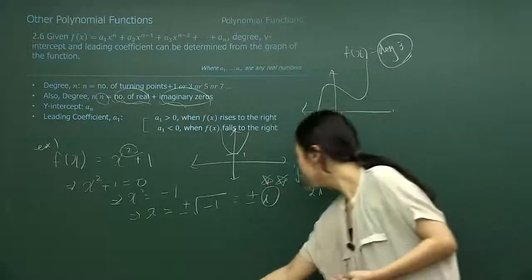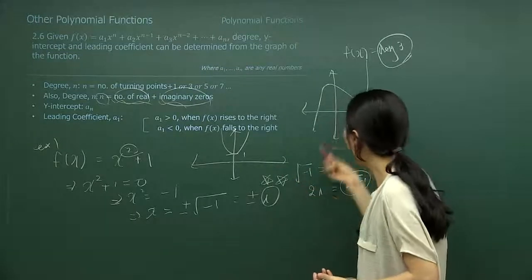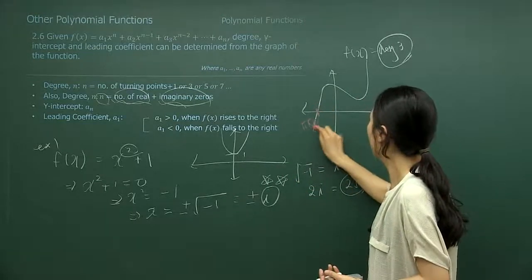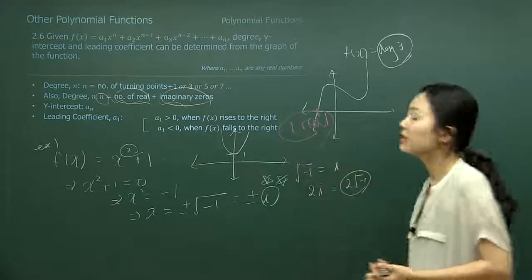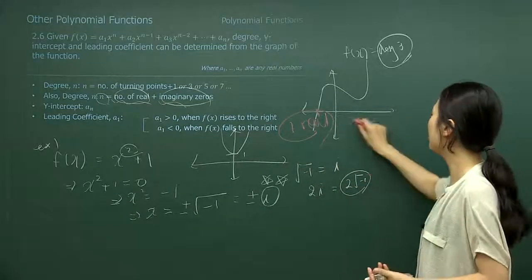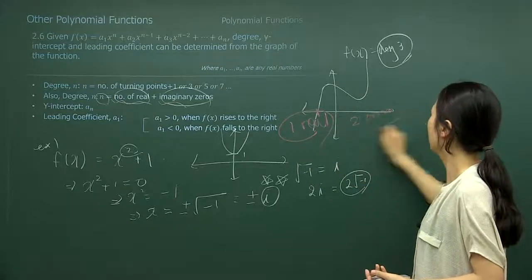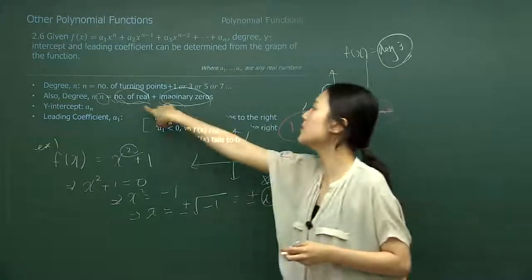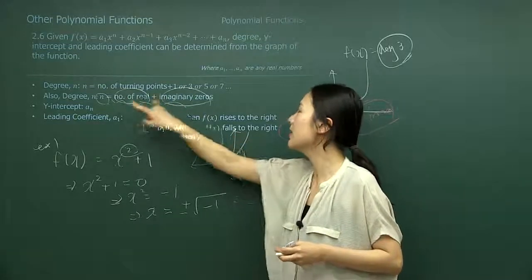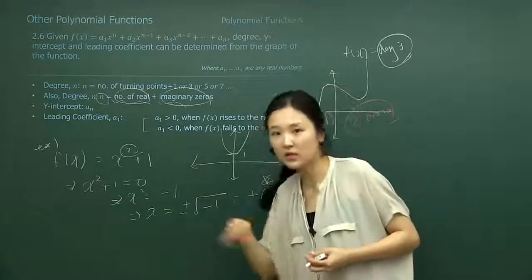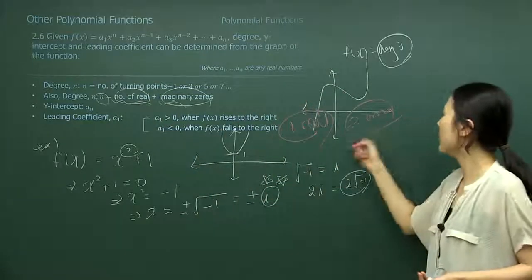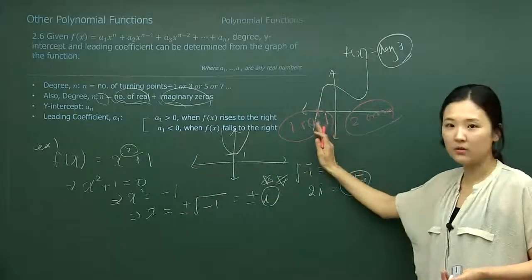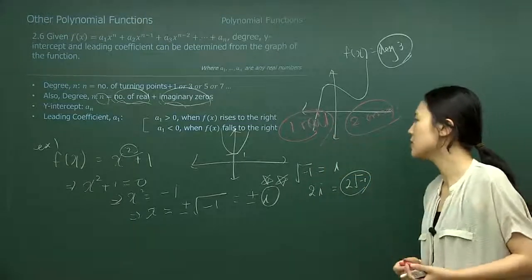Then, you see how you have only one real zero right here, right? That means that you will have 2 imaginary zeros, because the total sum of the number of real zeros and imaginary zeros should equal the degree. That's why, if there's only one real zero, you should know that there are 2 imaginary values.